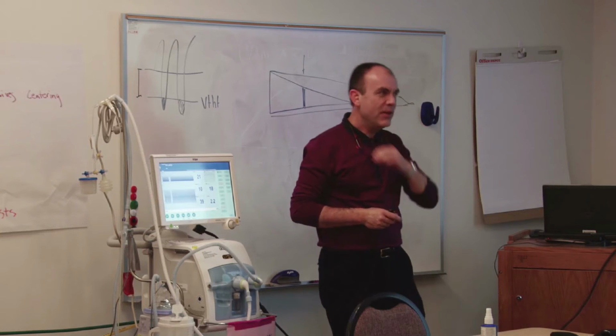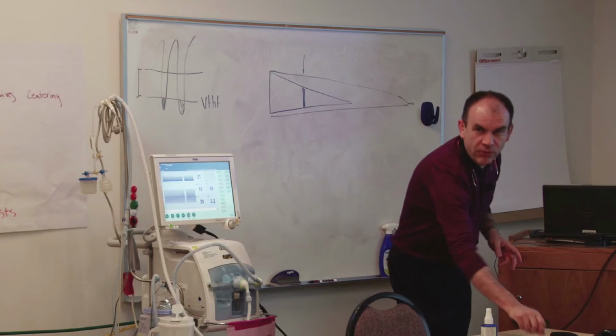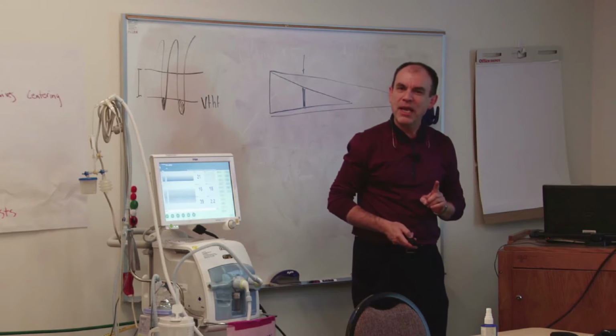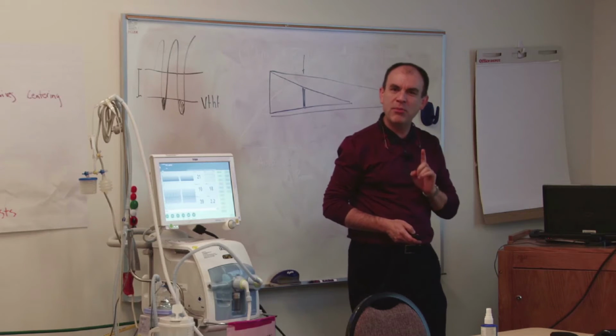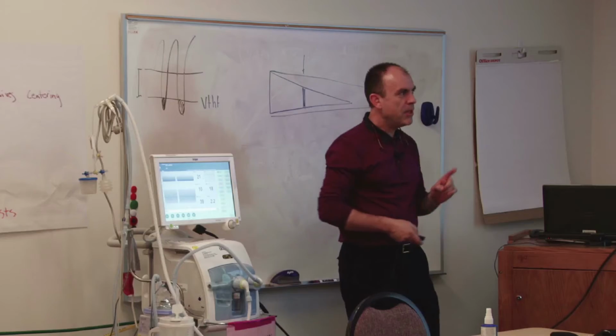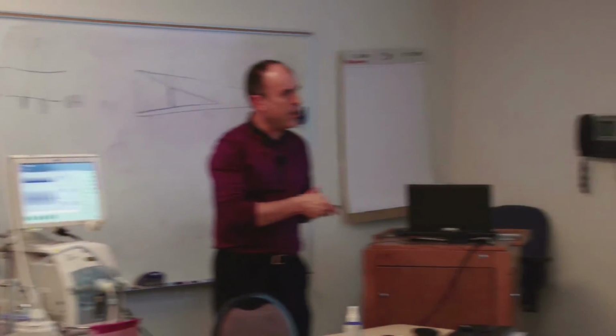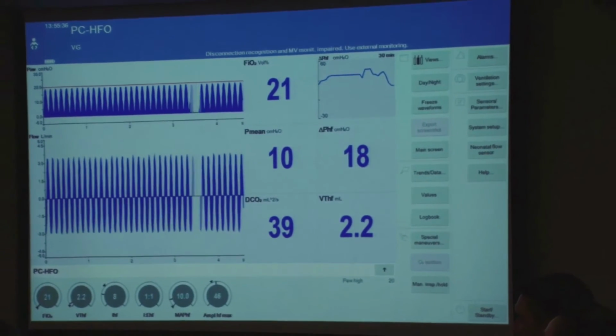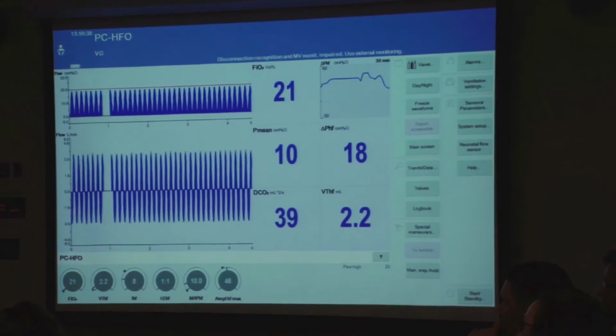I think even if you're in volume guarantee, you always have to be monitoring what's going on with this number. Because if this number starts going up, it probably means something is going wrong.